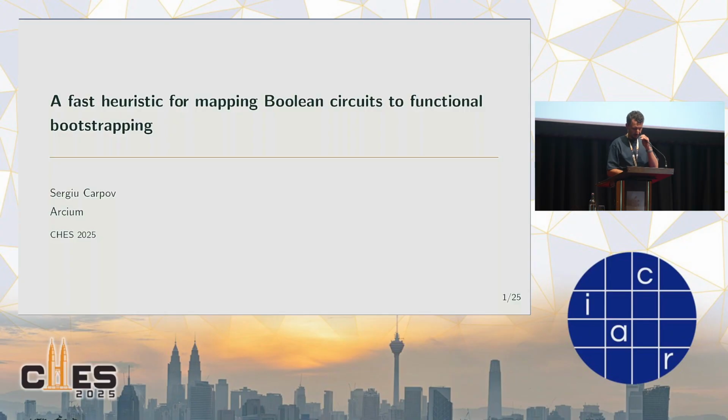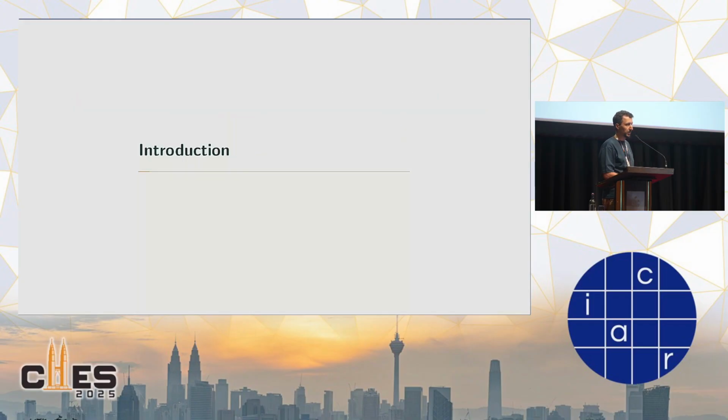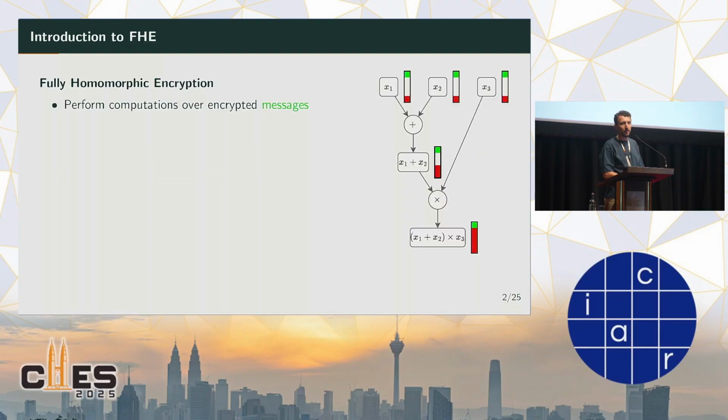Thank you. I'll start with an introduction of FHE, but I think it's the third time this morning you've heard it, so I'll go on a high level. Fully homomorphic encryption is a cryptosystem where you can perform computations on encrypted data, encrypted messages, and you have noise in the ciphertext for security reasons, and you lose the message if the noise overlaps.